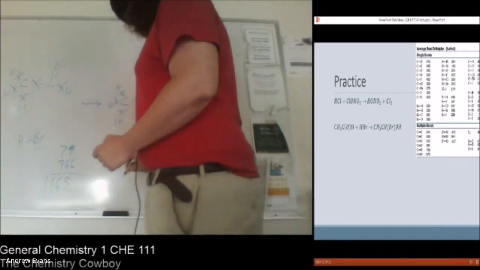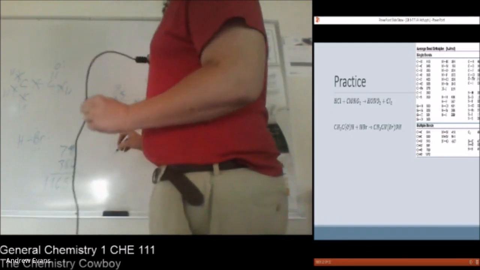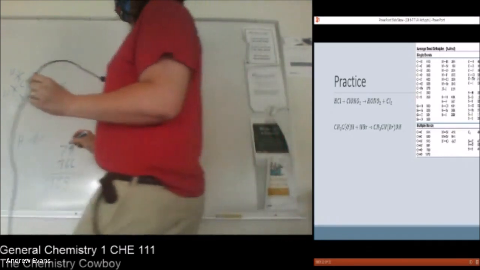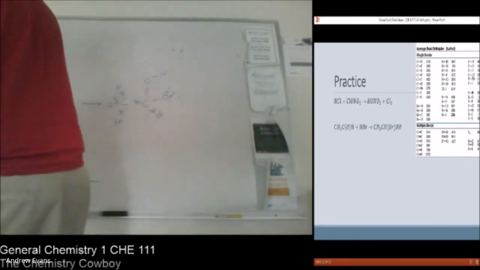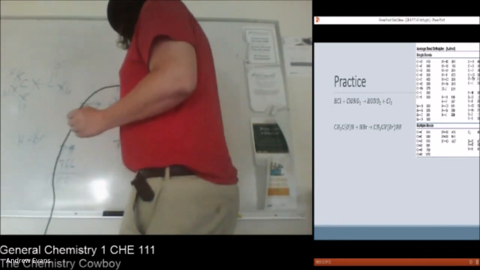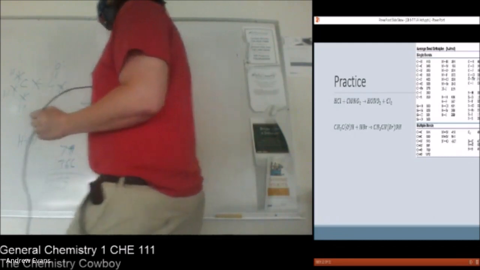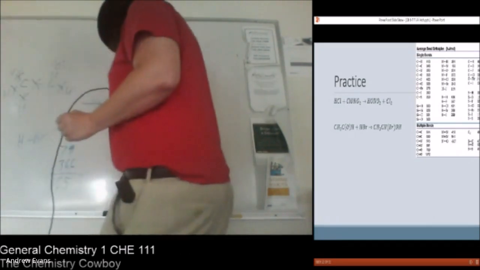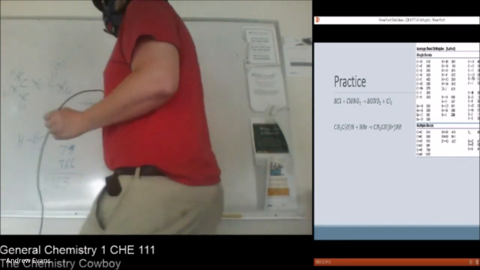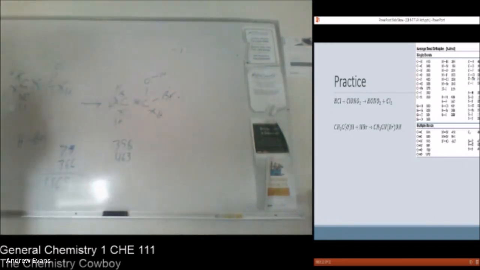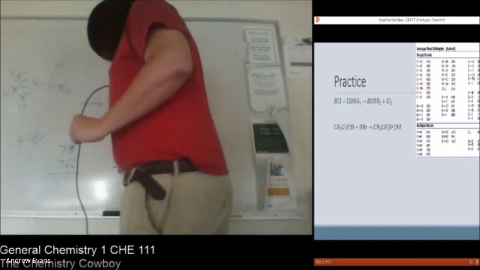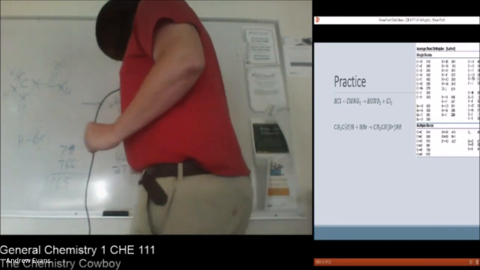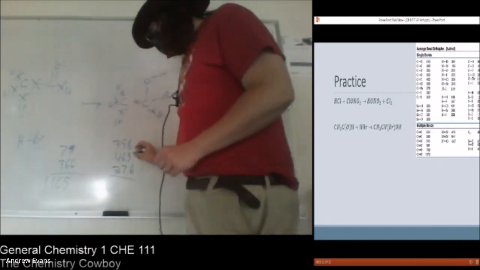And on the product side, CO is 358, I think. OH is 463. And then CBr is 276. Summing these up.